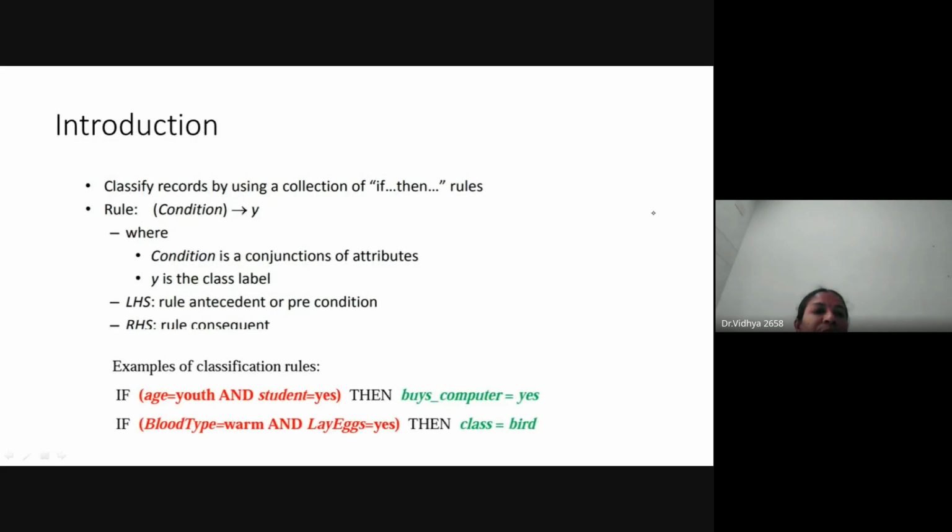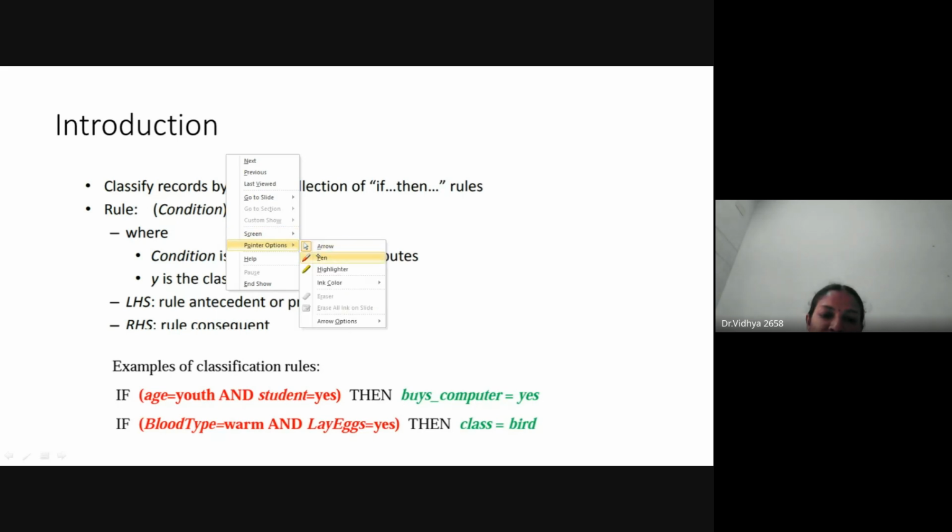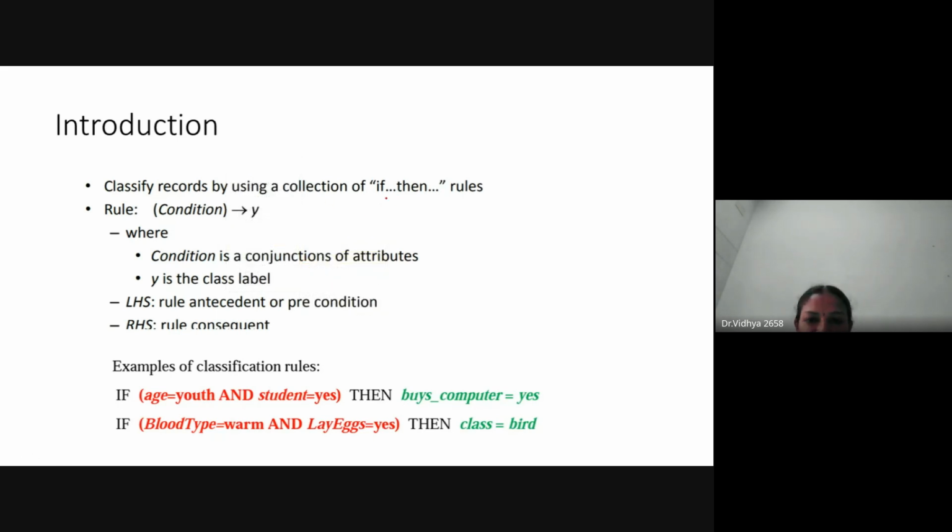The rule-based classifier classifies the record by using a collection of if-then rules. If the condition is true, then it gets the class, or if the condition is false, obviously it may not.